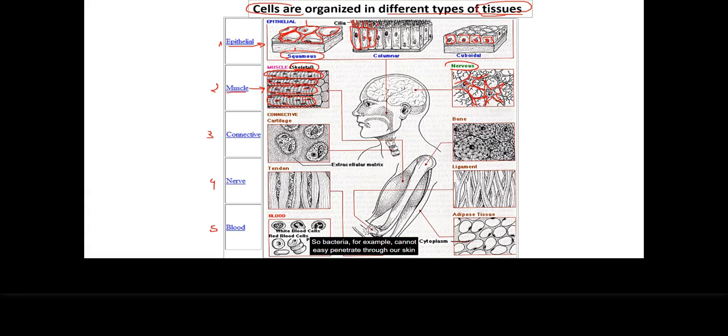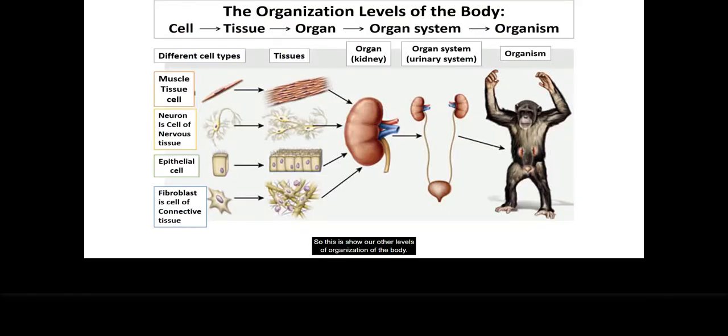So bacteria, for example, cannot easily penetrate through our skin into the underlying tissue. So all the different tissue types are made up of similar cells, and these cells organize in the tissue to perform a specialized function.